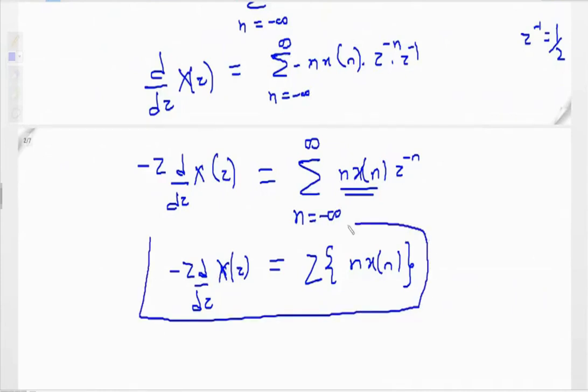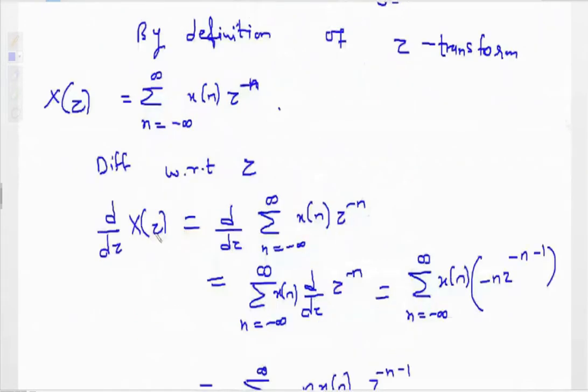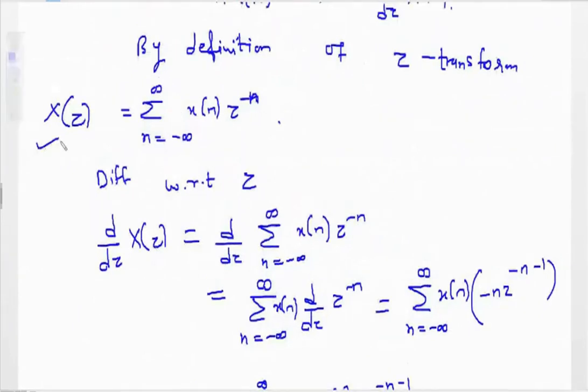Quickly I will just repeat. I have taken the help of the definition of the Z transform. First I have written the definition, then I have differentiated with respect to z. This summation and this x of n are nothing but constants, so I can take them outside the differentiation. Then the derivative of z raised to minus n is minus n z raised to minus n minus 1.